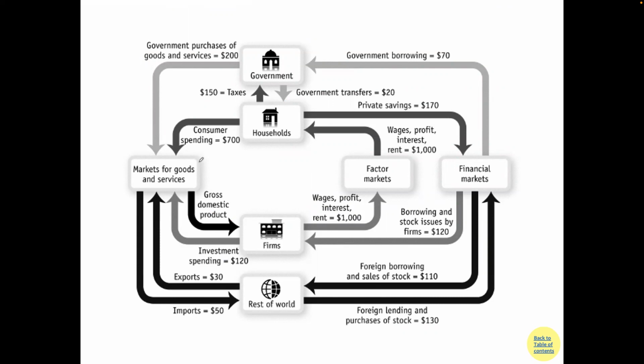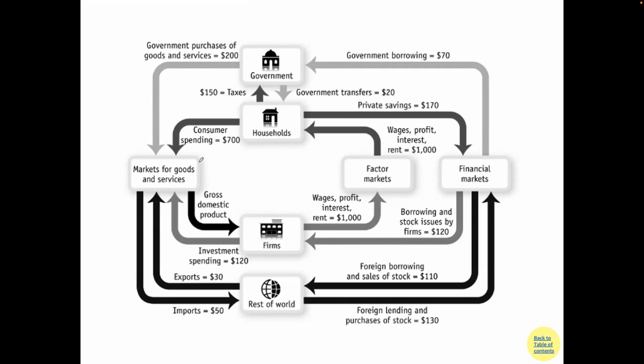This one has the same flow chart diagram as we saw earlier, but here we just put the numbers on each line, and similarly it asks you to calculate the total GDP.